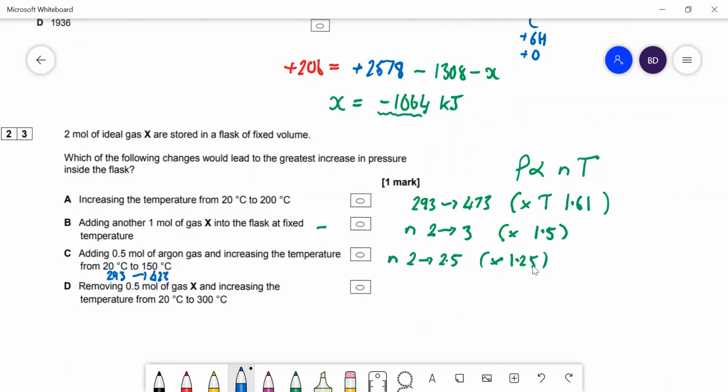So that's going to be increased by a factor of 423 over 293, which is times 1.44. So the total increase is going to be that multiplied by that, which is equal to 1.80.